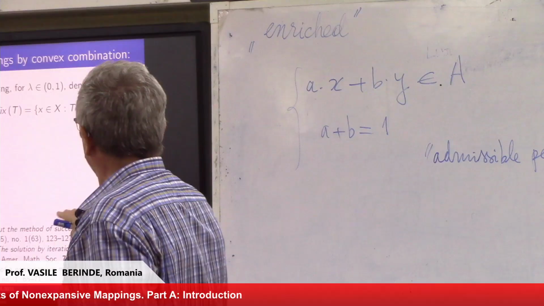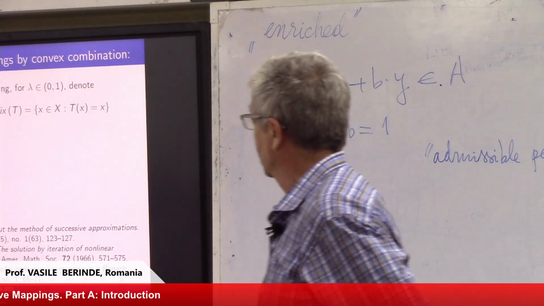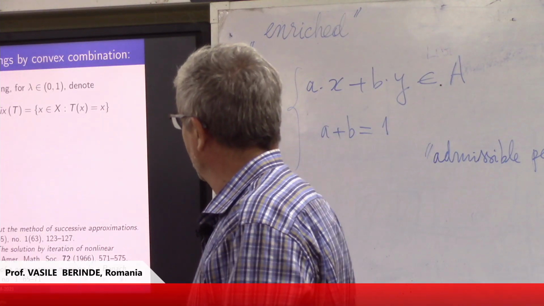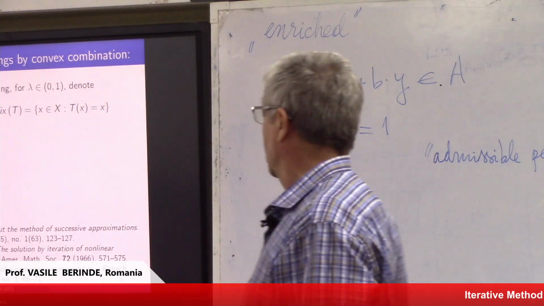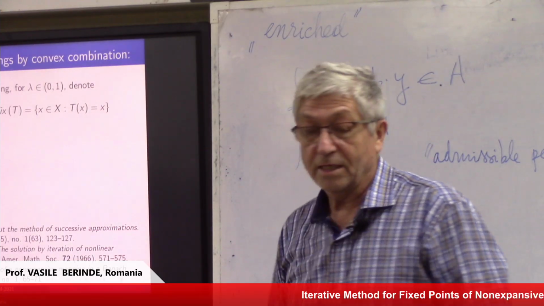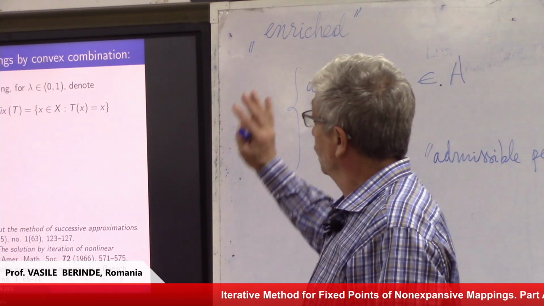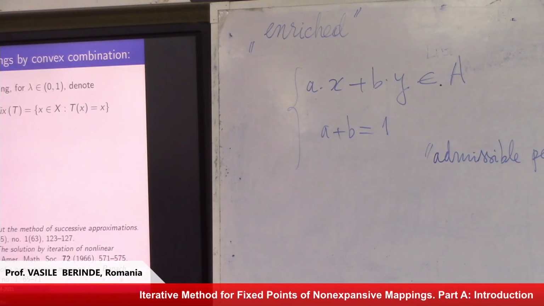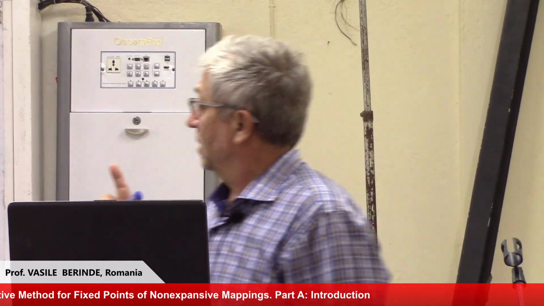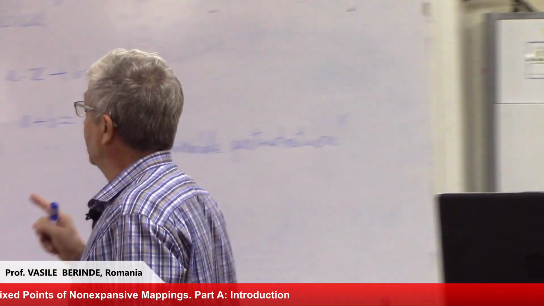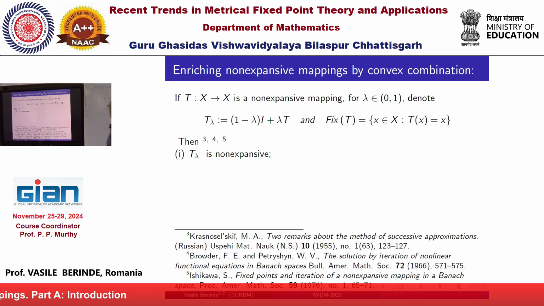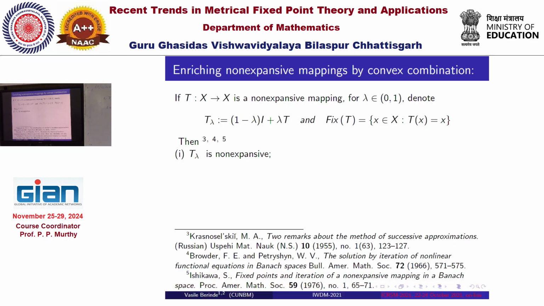Then Browder exploited the results by Krasnoselsky, and Ishikawa, a Japanese mathematician, wrote a very important paper published in Proceedings of the American Mathematical Society in 1976 related to non-expansive mappings. And look, what Krasnoselsky did in 1955 was two remarks about the method of successive approximations.